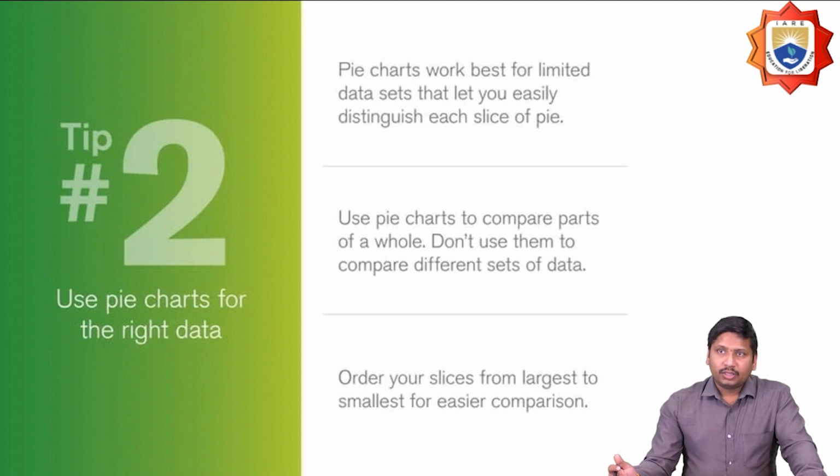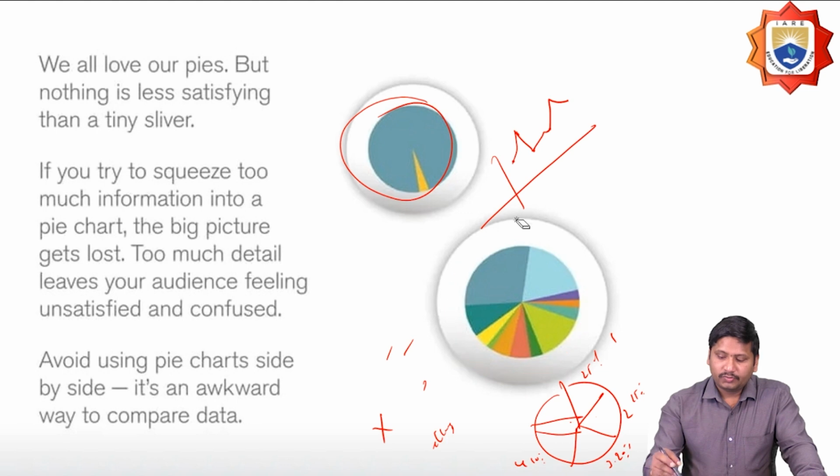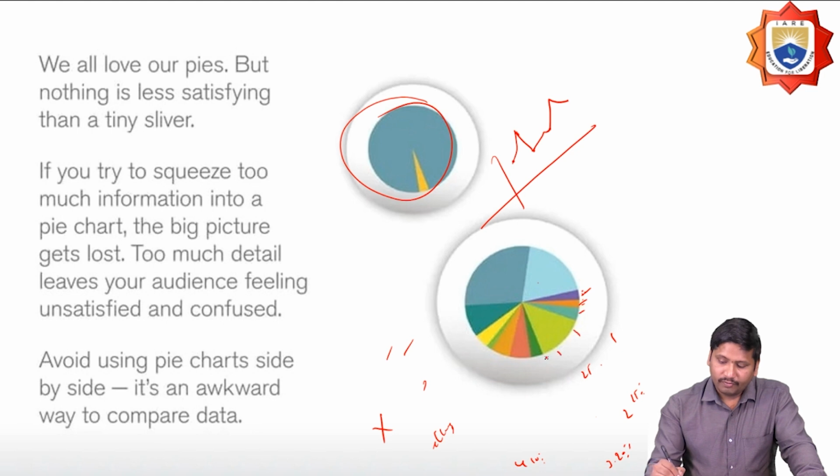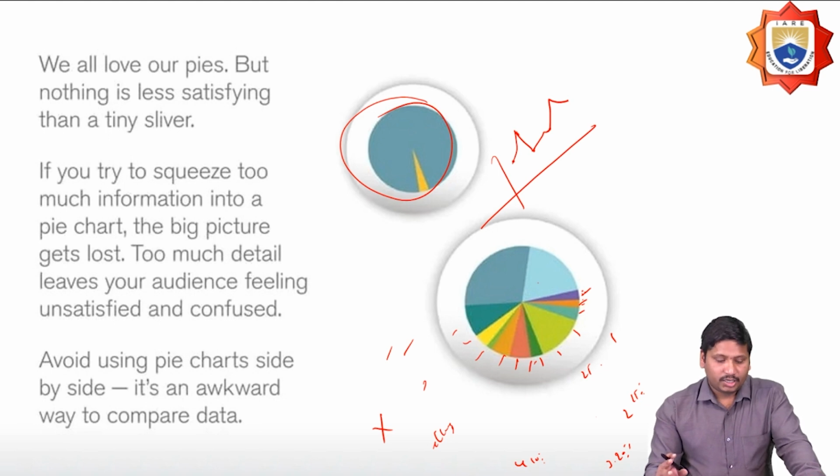If the data set is large, what will happen? The percentage composition of each and every sector of the pie graph looks very difficult and hard to understand.